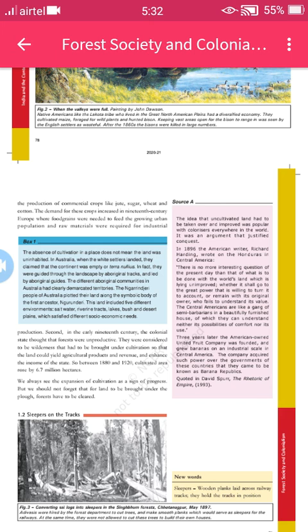Within a decade, trees vanished for the quality of their timber. The development of railways in the period of 1850 created a new demand for timber.